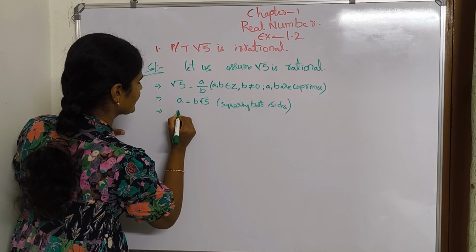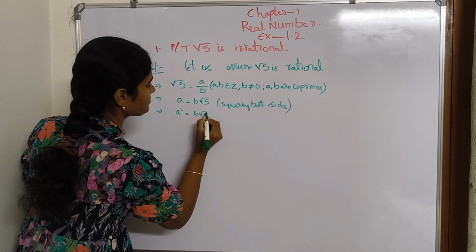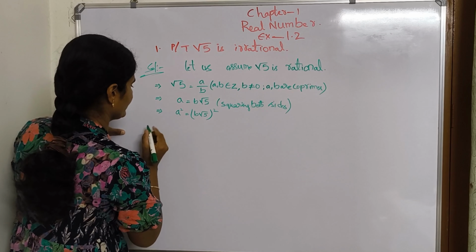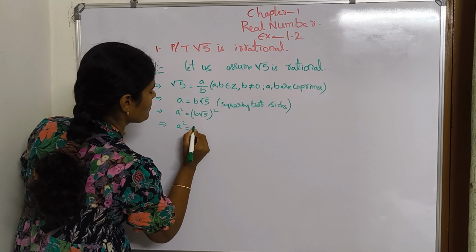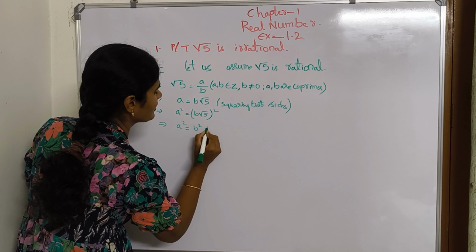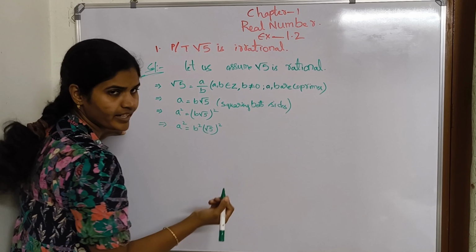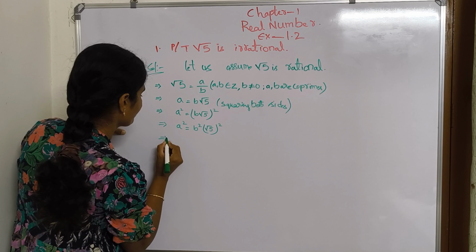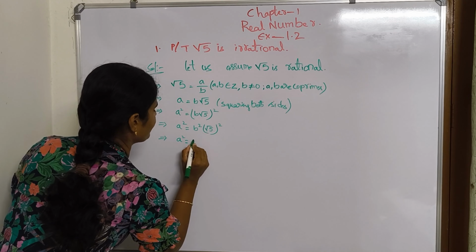Squaring both sides, a square equal to b root 5 whole square. That implies a square equal to b square into root 5 whole square. Here the square and root cancel, so it becomes a square equal to 5b square.